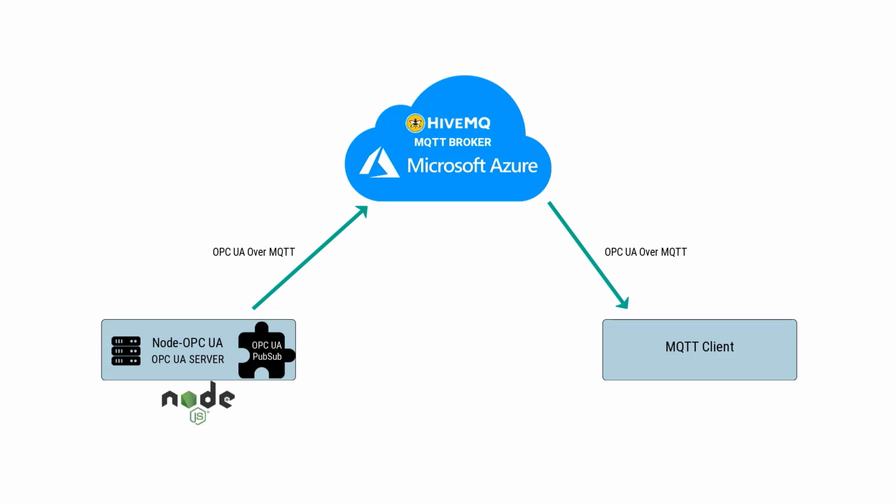In this section, I'm going to show you how to publish OPC UA messages over MQTT using Node OPC UA, which is an open source Node.js implementation of an OPC UA server that has the capability to extend its functionality to include OPC UA PubSub. I'm going to be simulating sensor data within the application and publish it to an MQTT broker in the cloud, and then use an MQTT client application to subscribe to the MQTT broker to view this information.